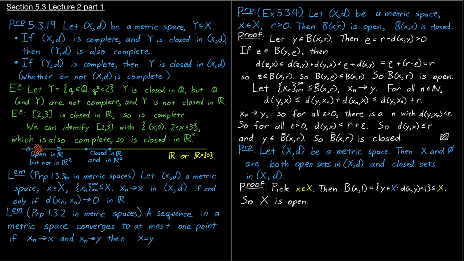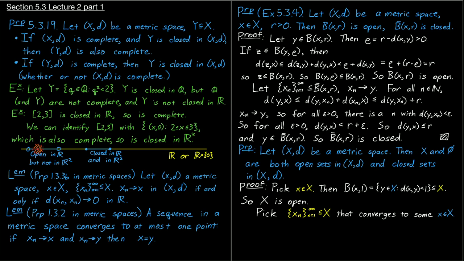And then we're going to pick a sequence in X. So we pick a sequence in the thing we're trying to prove is closed, which is X, that converges to some point x in our metric space.